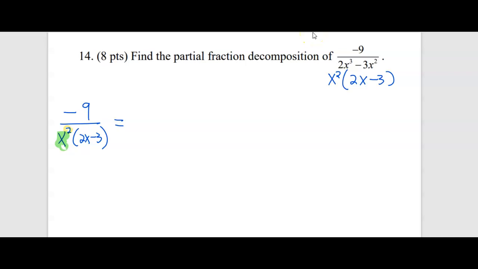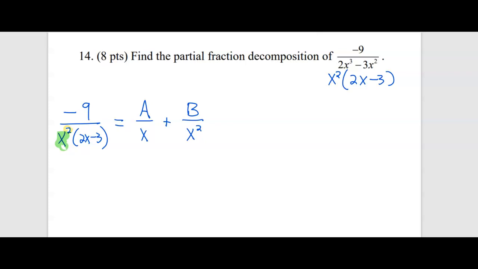Because it's a linear factor, repeated, the exponent, the 2, tells us that we're going to need 2 fractions to represent that part of the denominator. One will be x in the denominator, one will be the next power up, x squared. Because the factor itself is linear, we just need a single constant, like a and b.